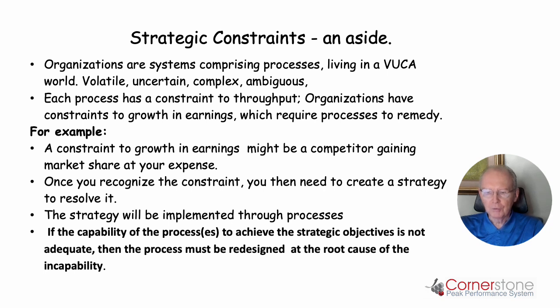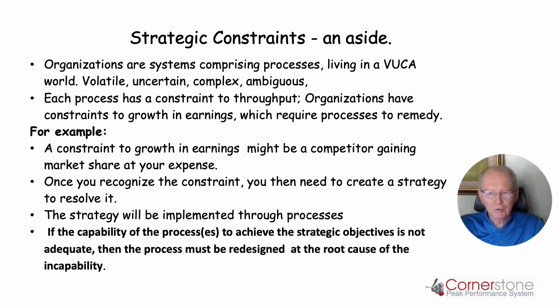So think about it this way. A system is a really high level way of looking at processes. In other words, the market, the economy, the climate, all these things in the VUCA world that are affecting a company is because the company is made up of a whole lot of processes that are playing together with this VUCA world.